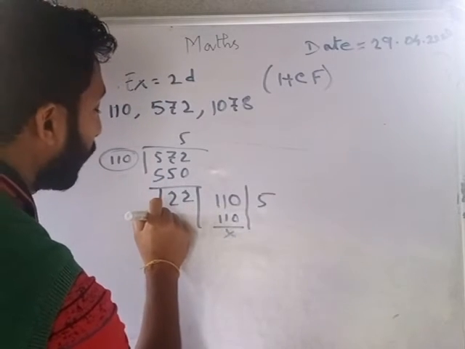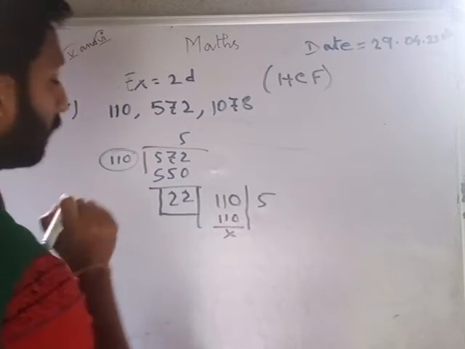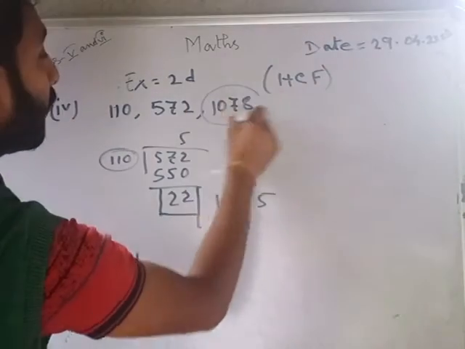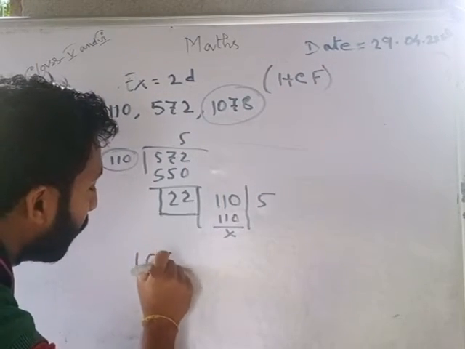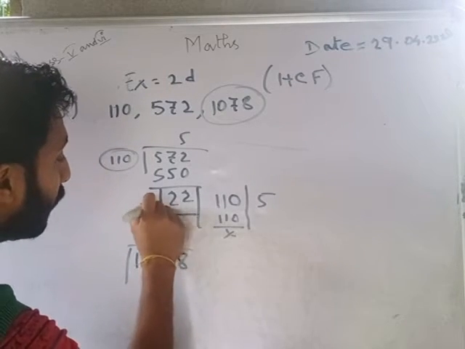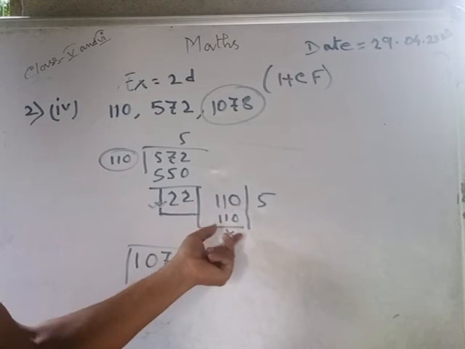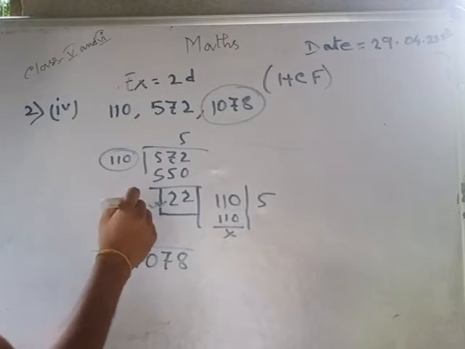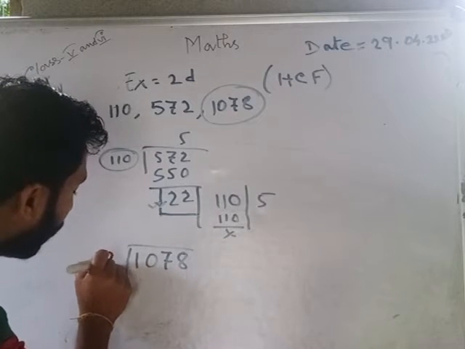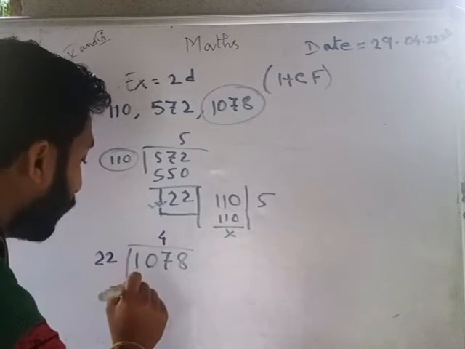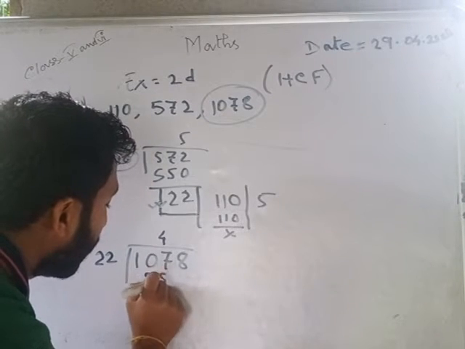That means we are getting 22. After that the next is 1078. We should divide by 22, because 22 is the remainder already. That's why we should take 22. 4 times 22 is 88.